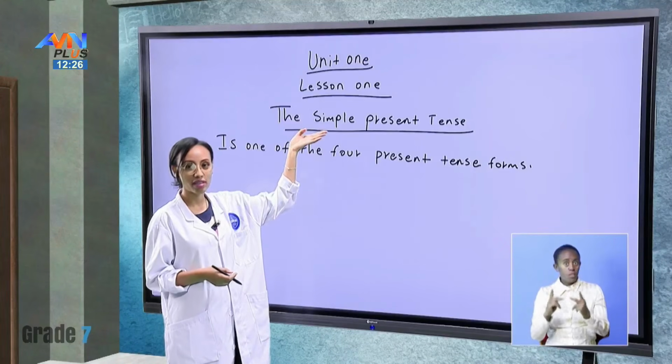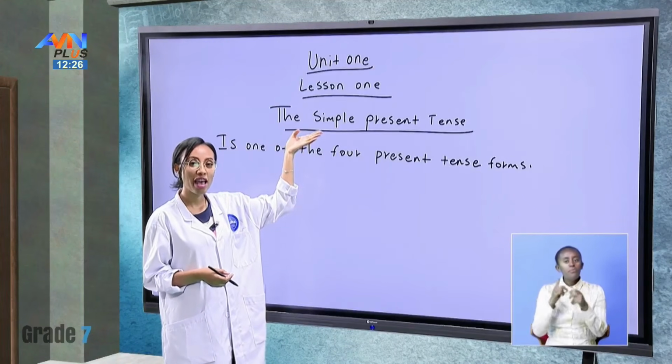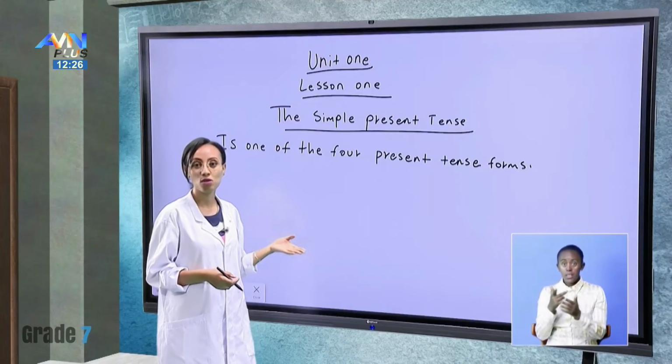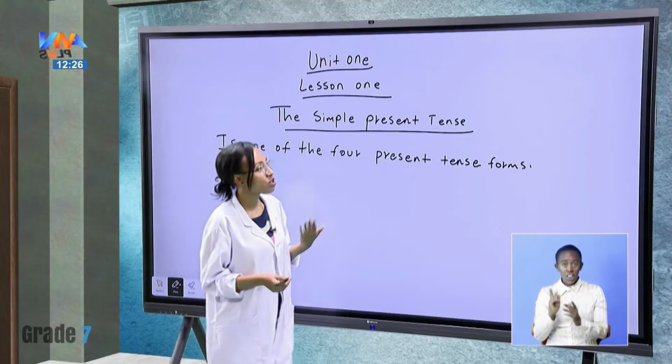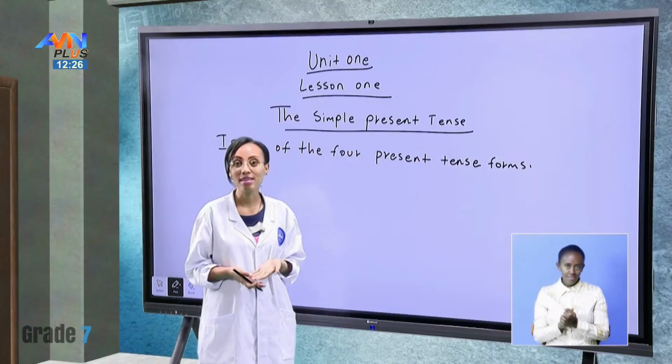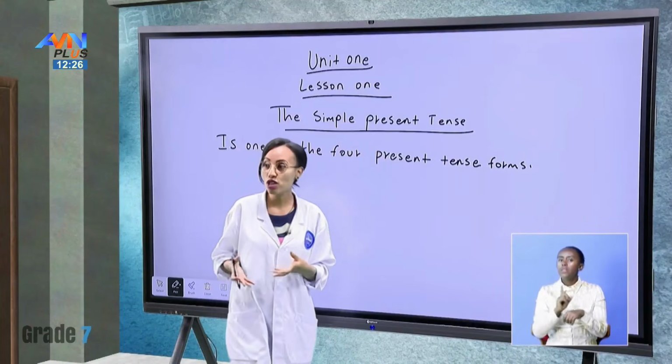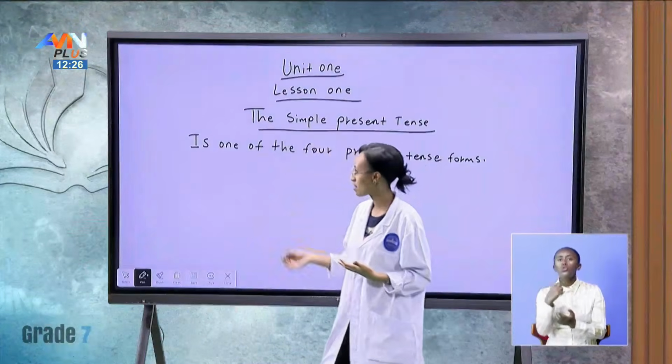The simple tense is the first in all of the three categories, which are the present, the future, and the past. So, what is the simple present tense, and in what situations do we use this tense?